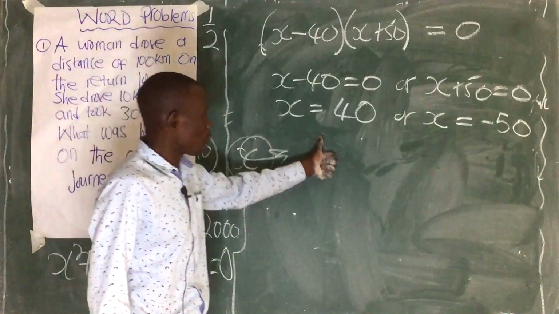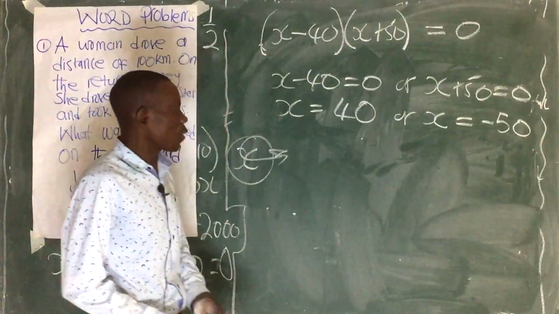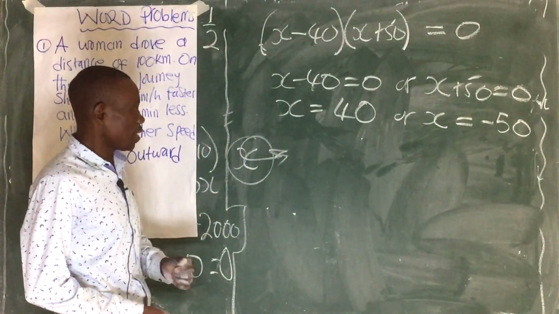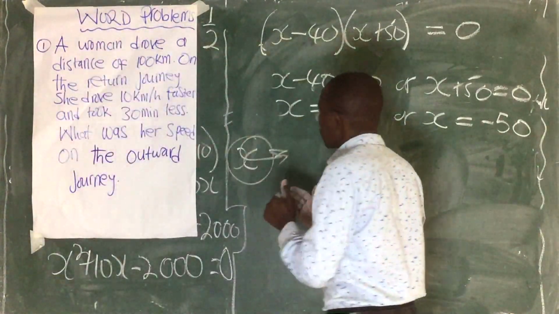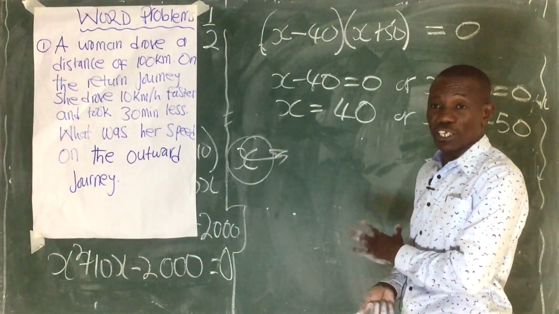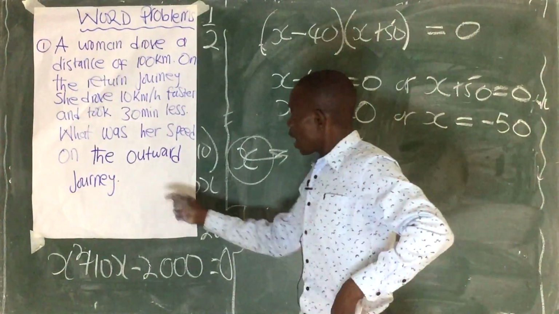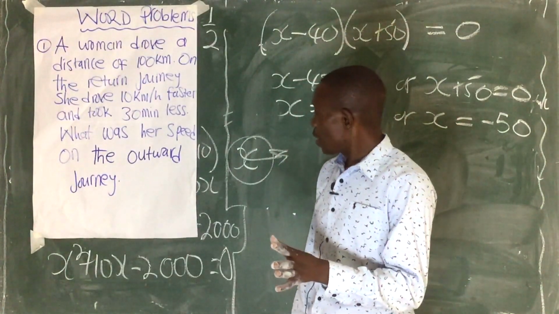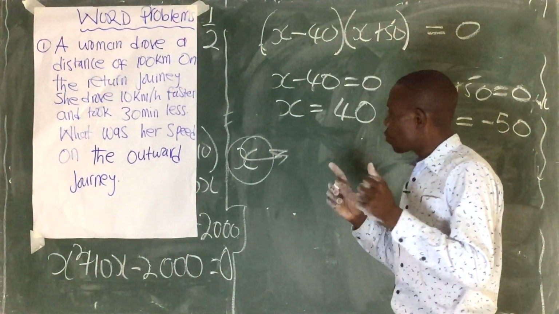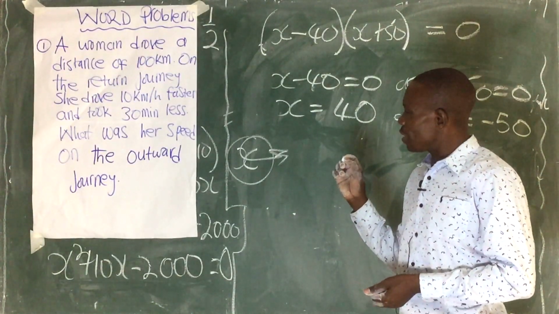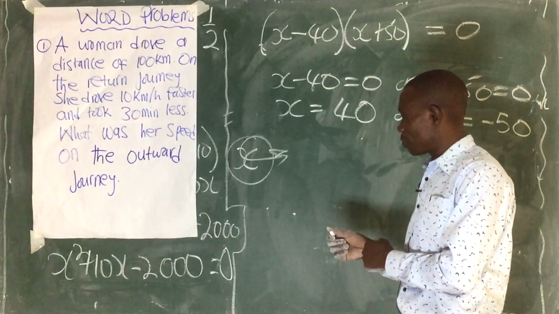I've got the value of x as 40 and negative 50. Which one should I go for? Now you analyze things. Because it's a real-life situation and we are asking about speeds, you consider whether speed can be negative or positive.